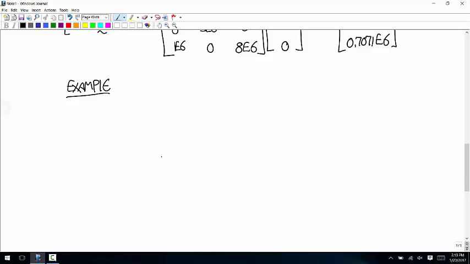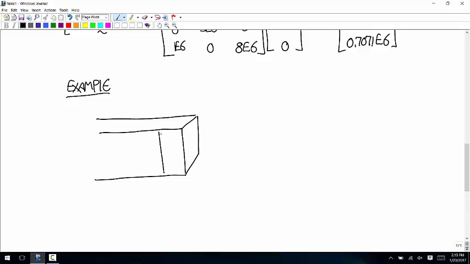Okay, so let's say that the body is this rectangular solid. I guess it has a square cross section. Height is 0.1 meters. And its dimension is also 0.1 meters. And let's say that there's a uniform distributed load applied to the front.